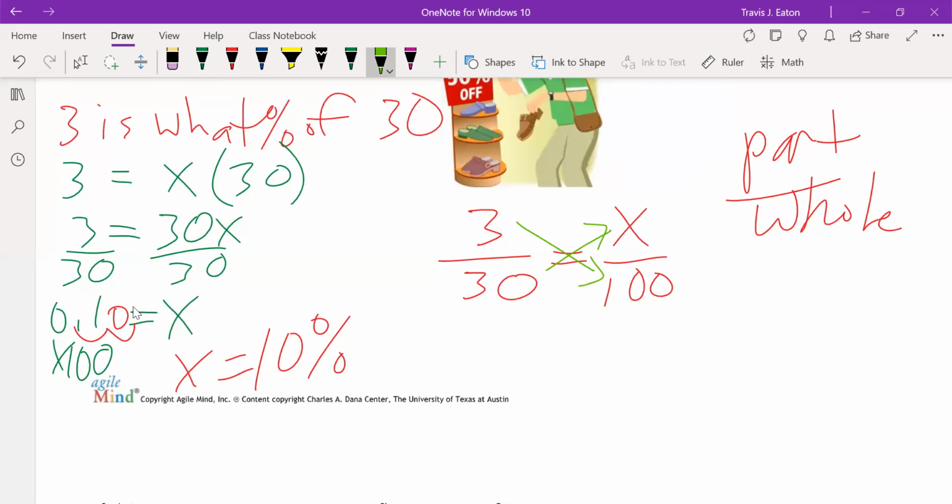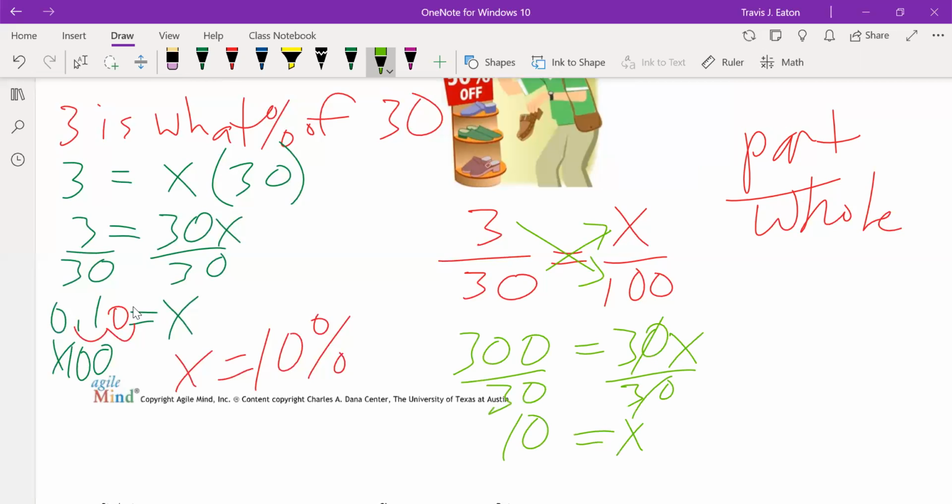So 3 times 100 is 300, and 30 multiplied by x is 30x. Now, if we divide both sides by 30, x would be 300 divided by 30, which is 10. X equals 10%. So we found it yet another way. How great is that? It's awesome.